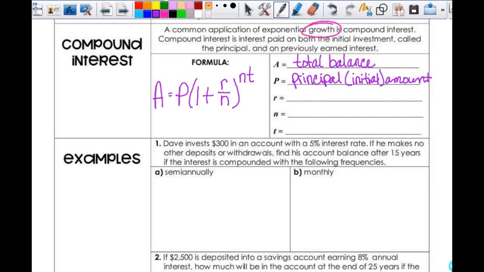R is your rate, of course. N is the number of times compounded, and that's yearly, not total. And then T is the time in years.